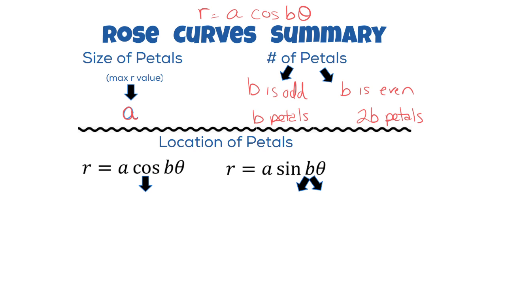Okay, now, where do we put the petals? All right, we determined that was dictated by a few things. It was dictated by cosine versus sine, but also that B value played a part. Cosine is the easiest scenario. Now, one thing to note is that however many petals there are, they're always evenly distributed around your graph.